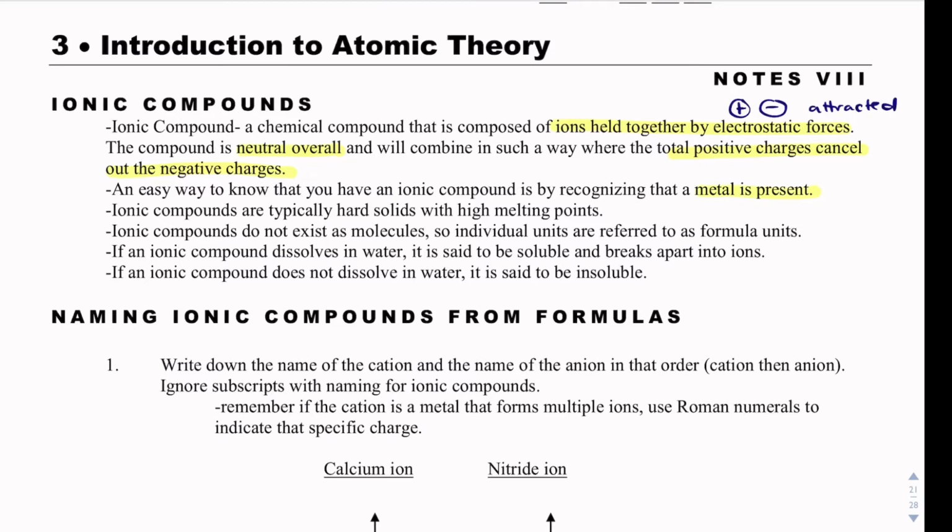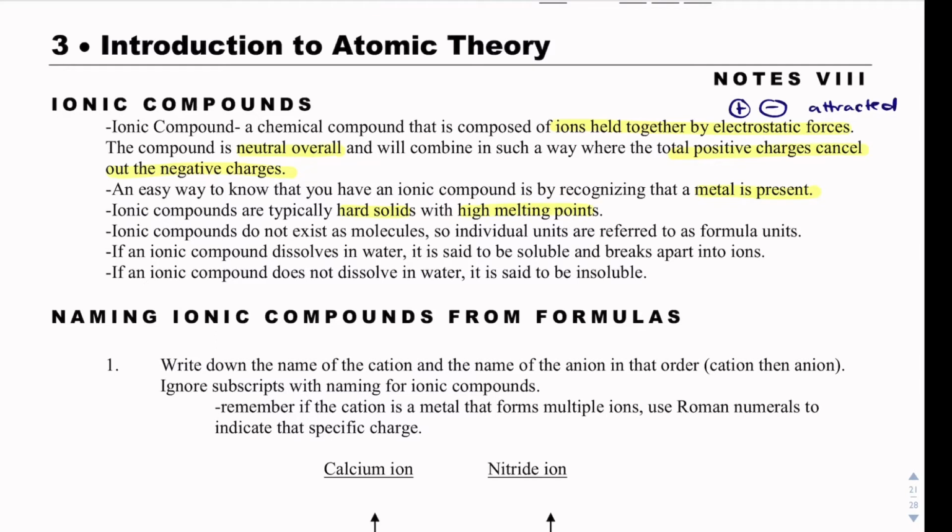And ionic compounds, you see them all the time actually in life, so you see iron oxide oftentimes if you see rust. You see copper oxide if you've ever seen copper that is kind of turning green. You see sodium chloride, that is salt, table salt. That's an ionic compound. And they're typically going to be hard solids with high melting points.